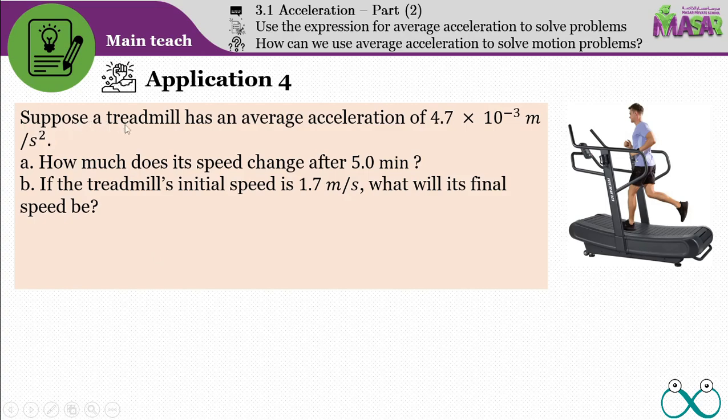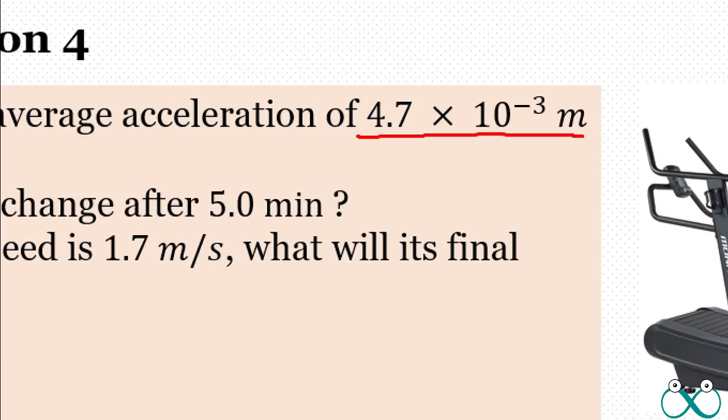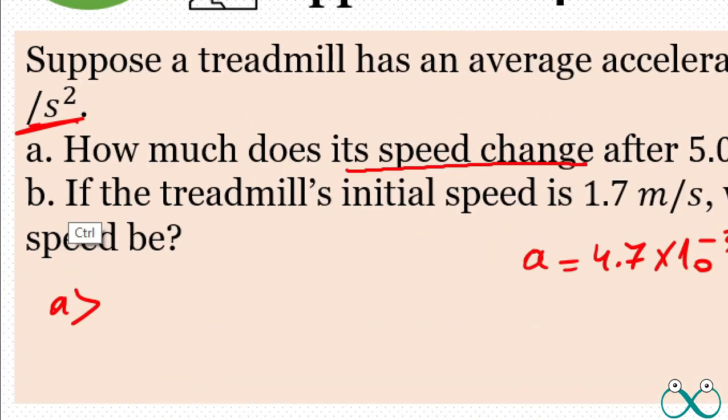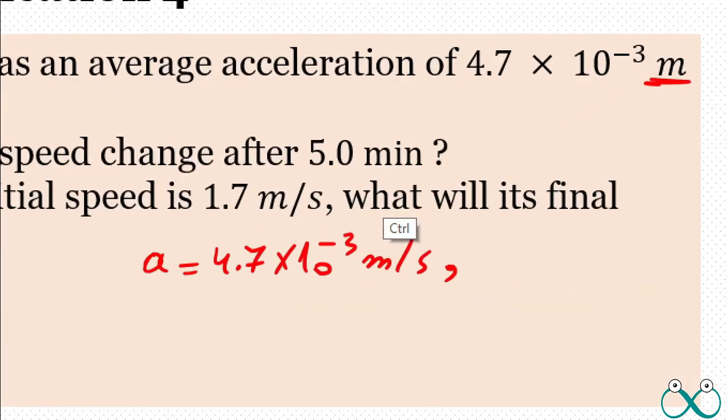Suppose a treadmill has an average acceleration, so this value represents the average acceleration, meter per second squared. So let me write here A is equal 4.7 times 10 to the power minus 3 meter per second squared. Now in part A, they want us to find the change in speed after 5 minutes.